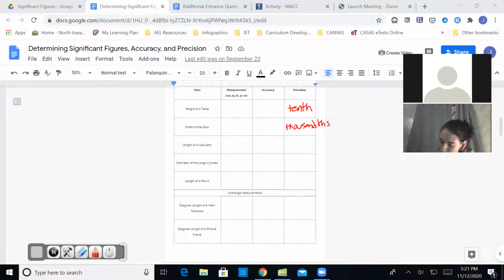So the precision is the hundred-thousandths. And then the last 3 should all be a precision of the ten-thousandths. They should all be 16ths.